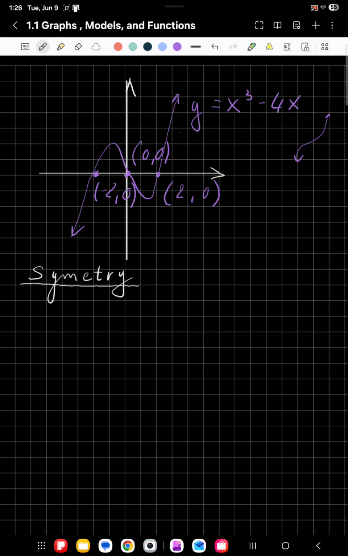In algebra, we look at just the symmetry with respect to the y-axis and the symmetry with respect to the origin. Let me start with the first one, with respect to the y-axis.